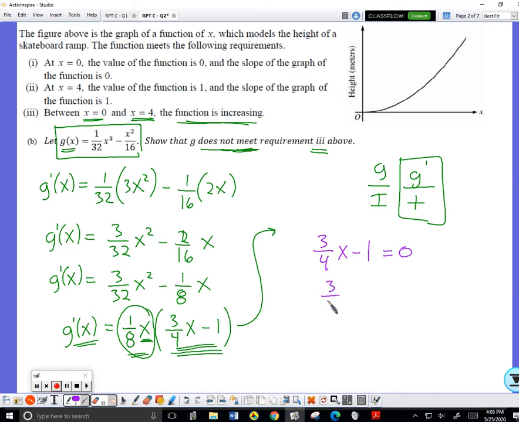So we get 3/4 x is equal to positive 1. Therefore, 3x is equal to 4. So when x is equal to 4/3, that's when g prime will equal 0. If x is bigger than 4/3, this would be positive. This would also be positive. If x is less than 4/3, this would be negative, and then this would still be positive. So we need to write that down in our conclusion here.